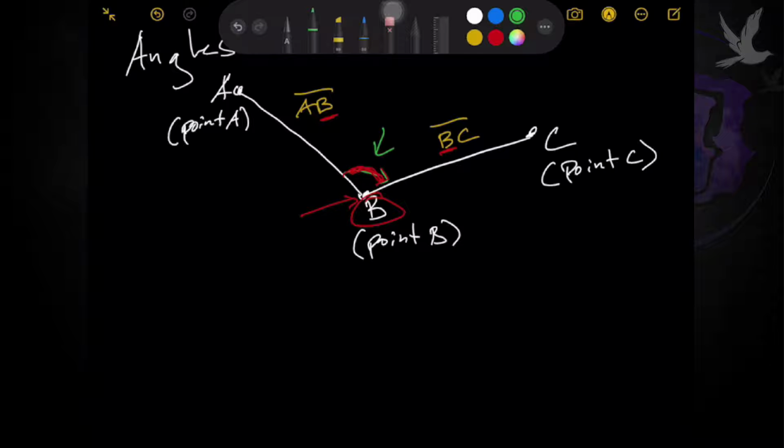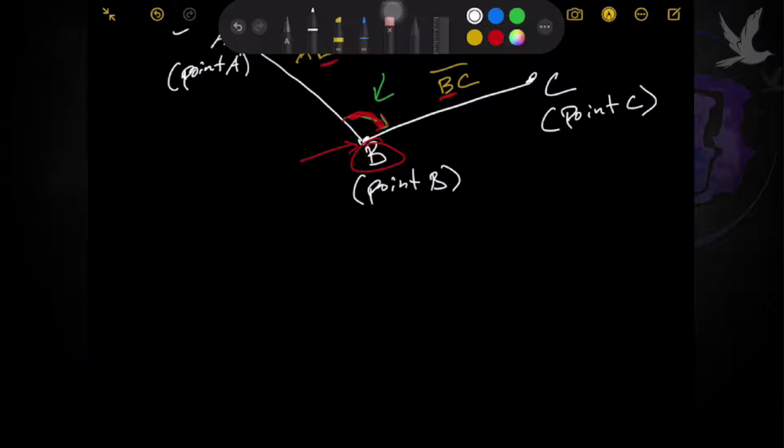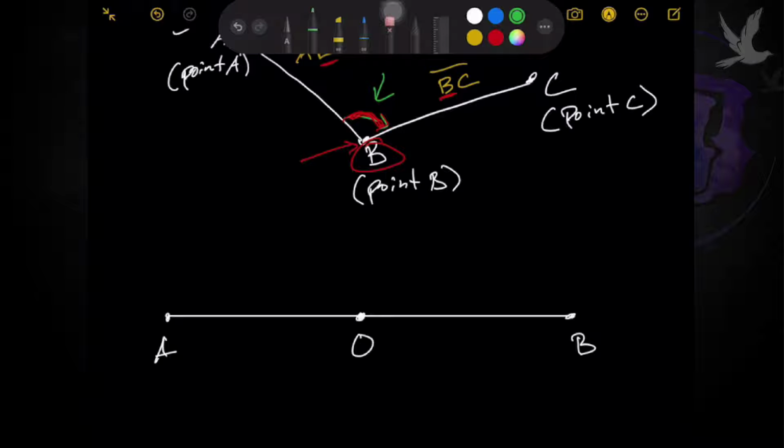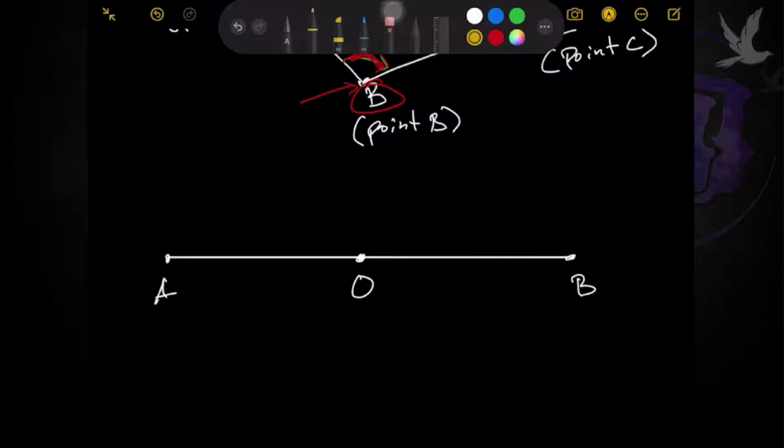Okay, this one. So along a straight line, let's say we have point A and B here, and let's say these are 2 lines that meet at a common point, which is point O. But they're still straight. So we now have lines AO and OB. These are our 2 lines, and this is their common point.